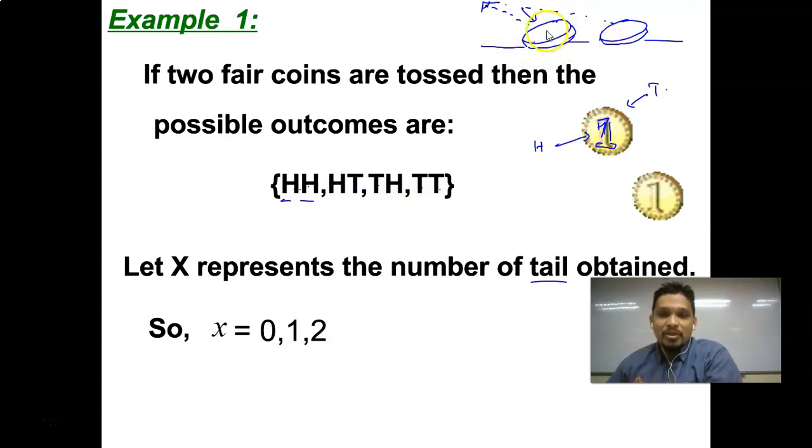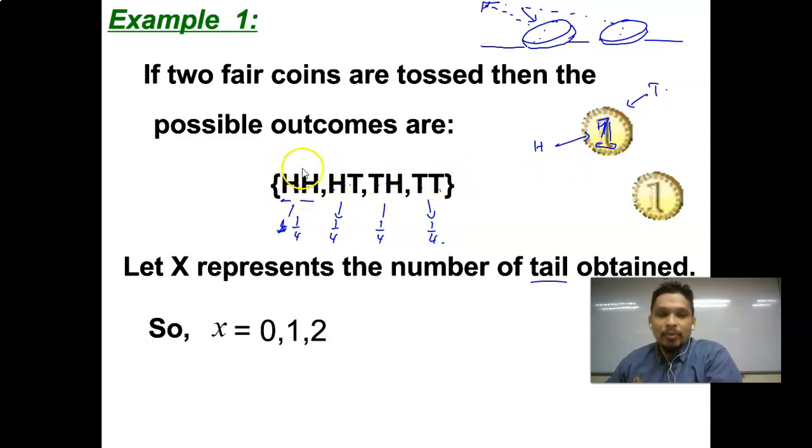If this shows the head and this shows the tail, or this shows the tail and this shows the head, then H and T, T and H are 2 different results, and then both T. So we have 4 different results, and every single result we consider as 1 over 4.